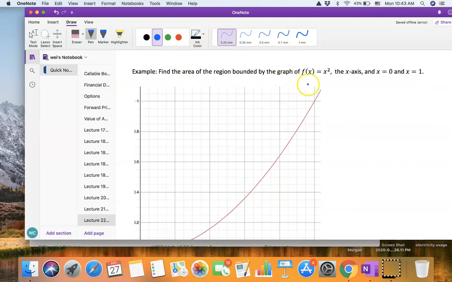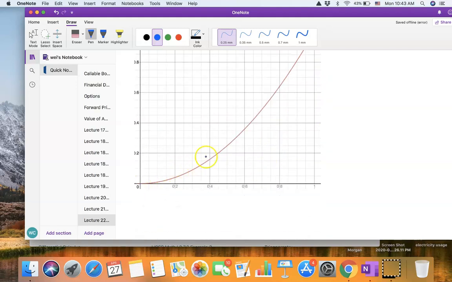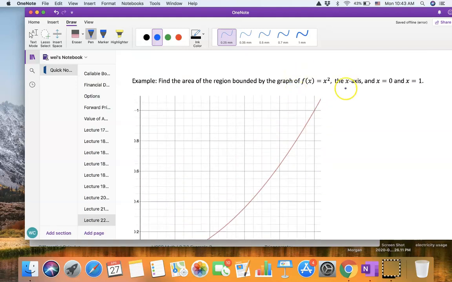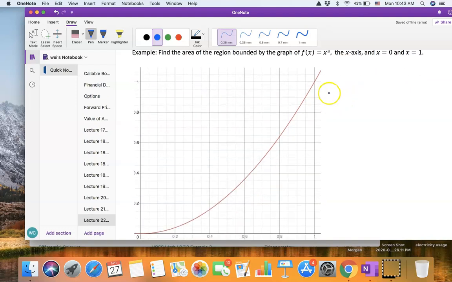Here we have this function f(x) equals x squared. So the graph looks like this. And we want to find the area of the region bounded by this curve and the x-axis, and bounded by x equals 0 and x equals 1.